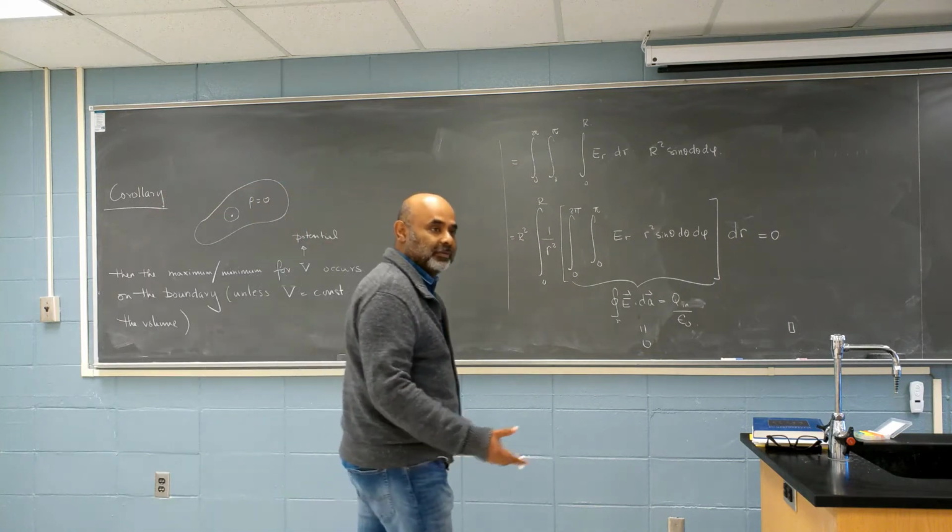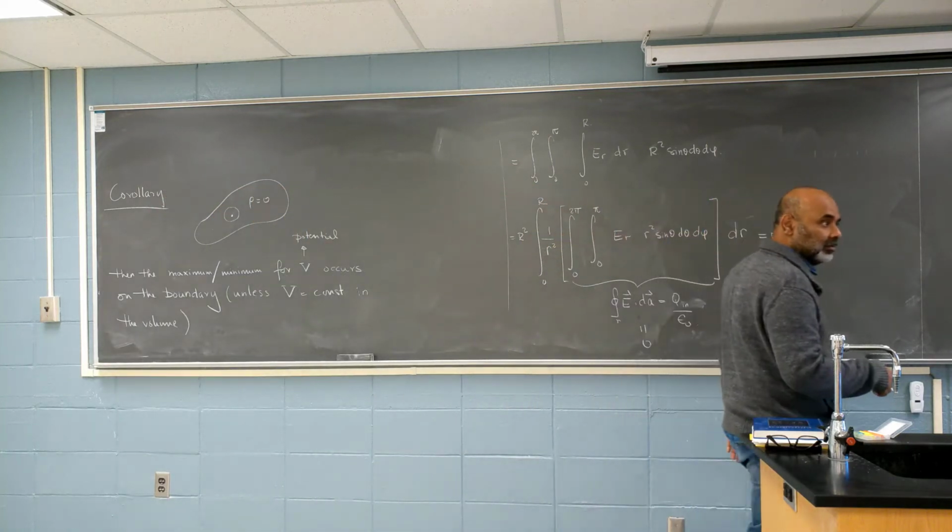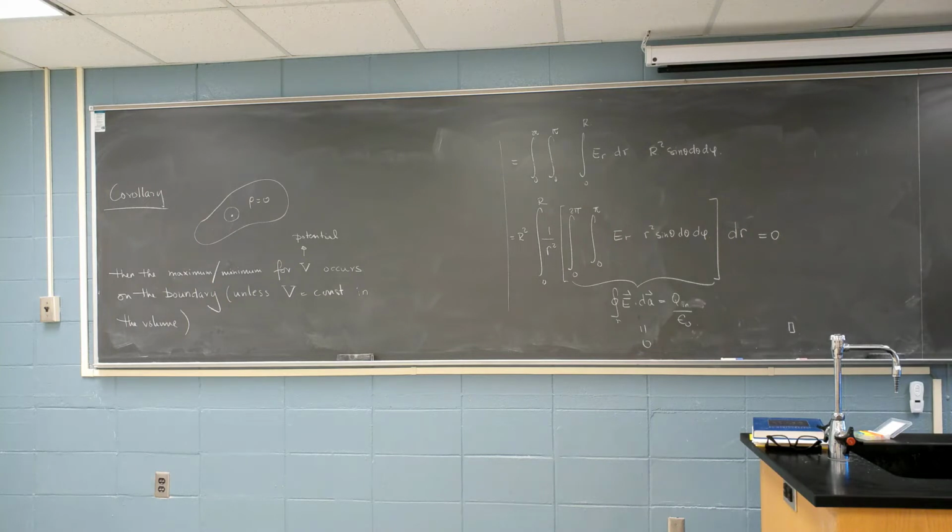What's the maximum of the function f of x equals 7? 7. For what values of x? All values of x. What's the minimum for the function f of x equals 7? Barring that, if it's a true function, then the maximum and the minimum should exist on the boundary.